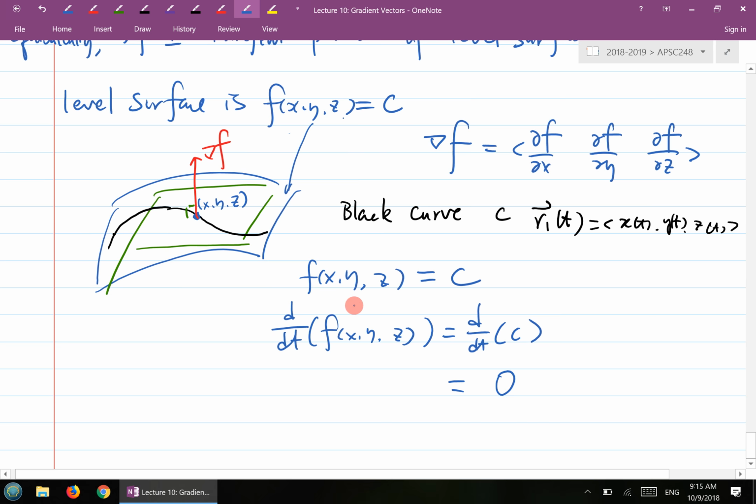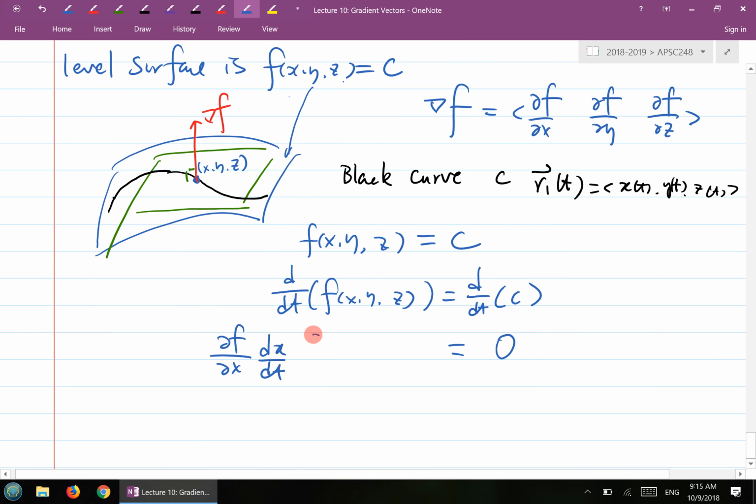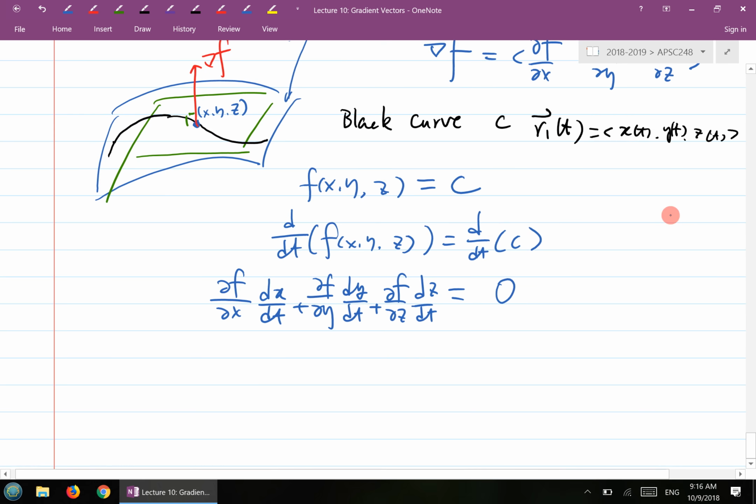The left side, we use the chain rule: partial f over partial x, dx over dt, plus partial f over partial y, dy over dt, plus partial f over partial z, dz over dt. Chain rule. Then we separate this into 3 components as the dot product of two 3D vectors.